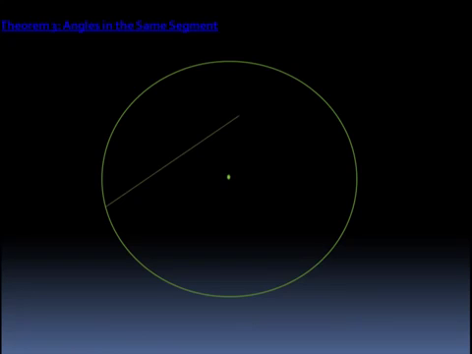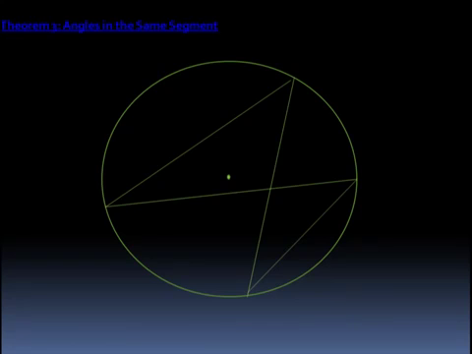Circle theorem 3, angles in the same segment. Now this angle here and this angle here, what's so special about these two angles?